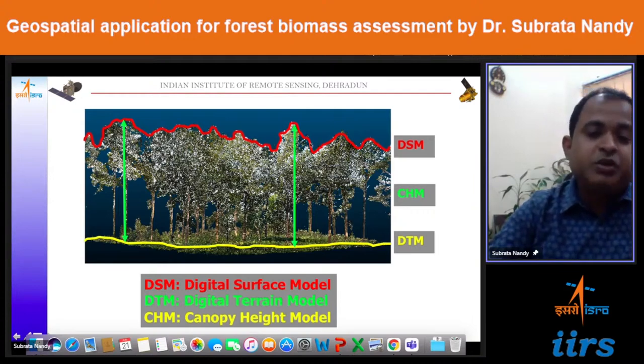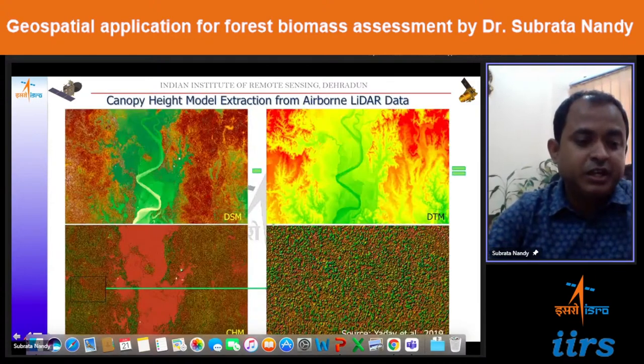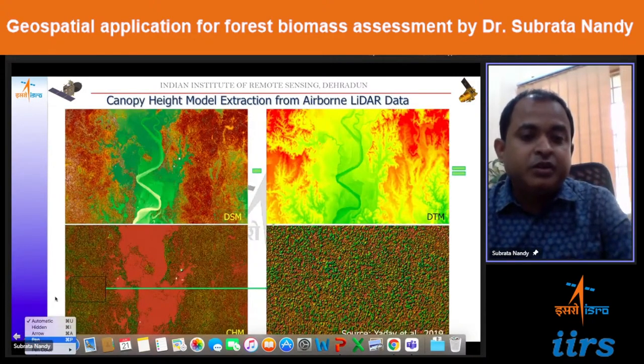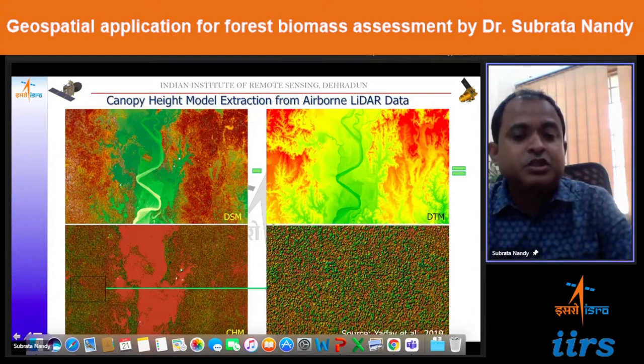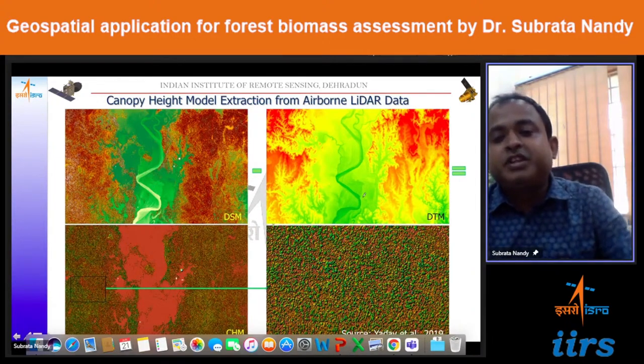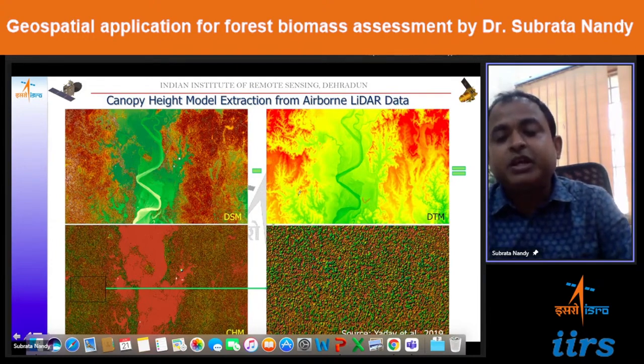Now in forestry we are more interested in the canopy height model. A zoomed part of this is shown here. If I click any of these points, I can get the height information.